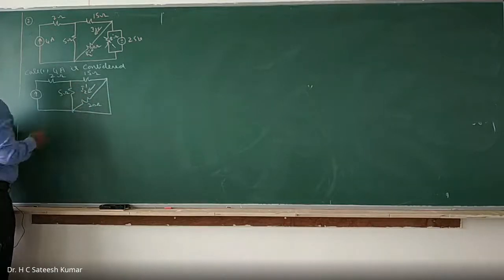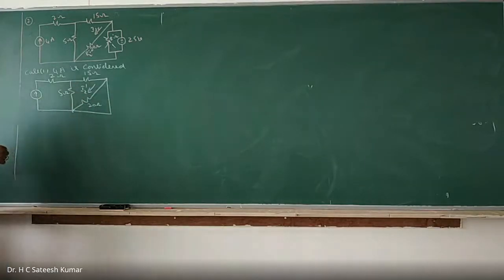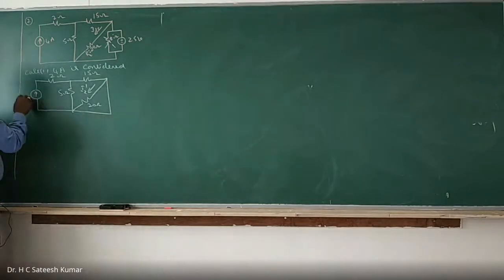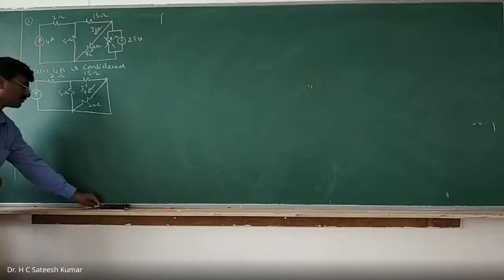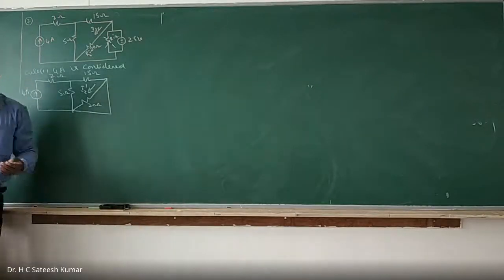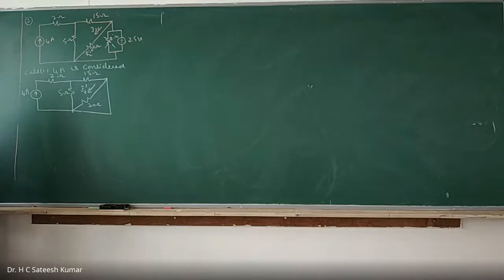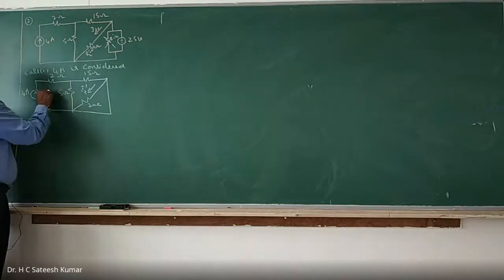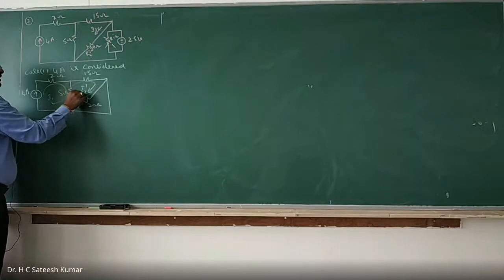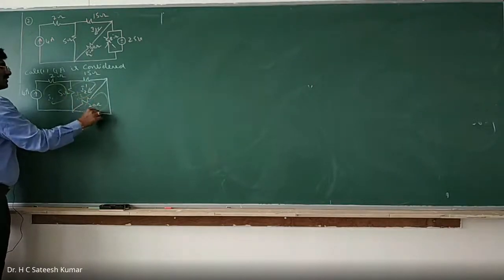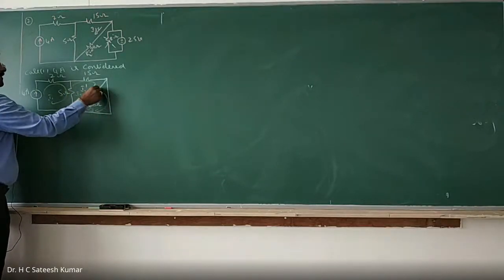Okay, right, 15 ohms. Now what do we have? 4 amps. Now, you'll have to find out Ix dash. How will you do that? Now you apply the KVL. This cell called I1, this cell called I2, this cell called I3, and this current Ix dash.